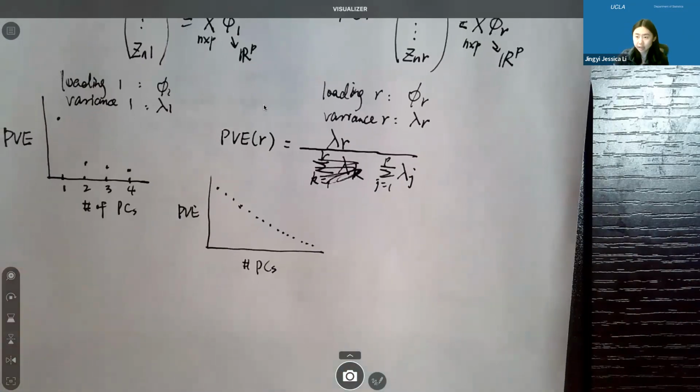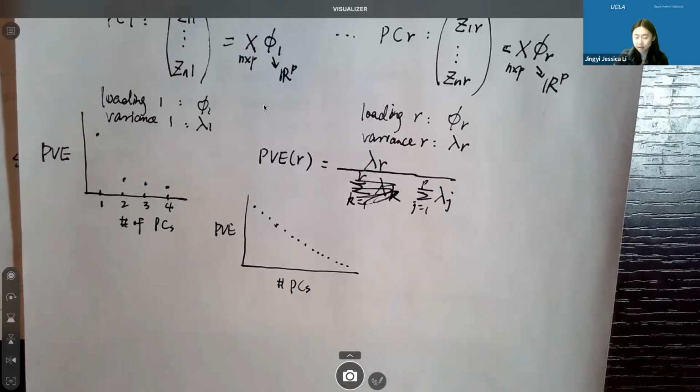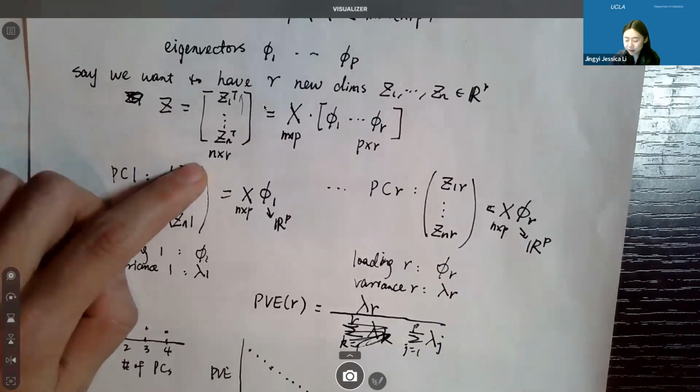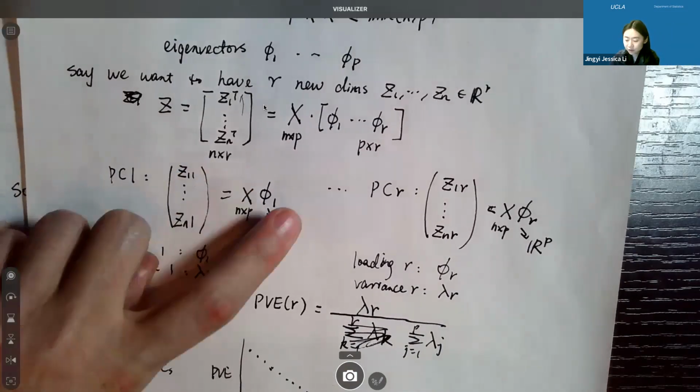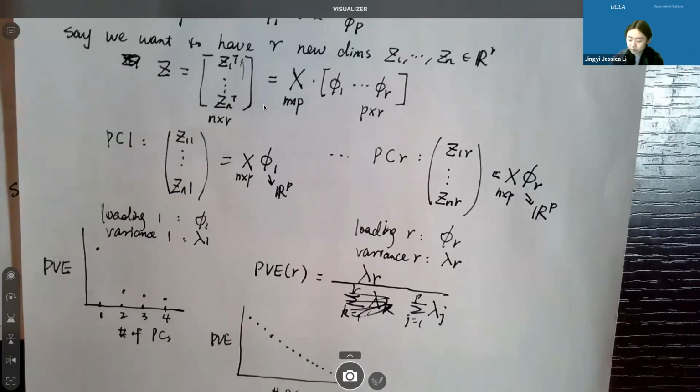And that's the case in single cell data. If you check the Seurat pipeline, I think they typically use 20 PCs or 30 PCs as the input for their downstream analysis. So they are using the PCs as the new data matrix instead of the original X. They are using Z for their downstream analysis. It's n by 30 or 20 instead of n by, say, 20,000, a very large number of genes.